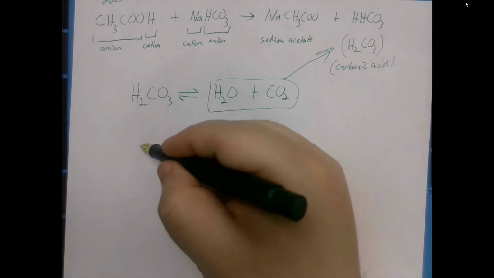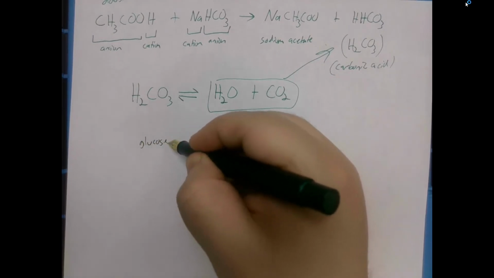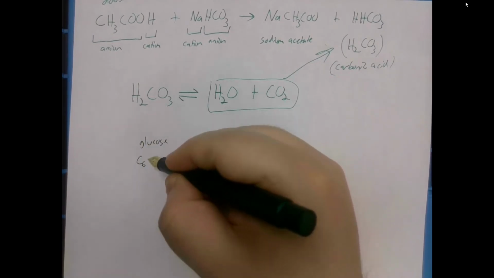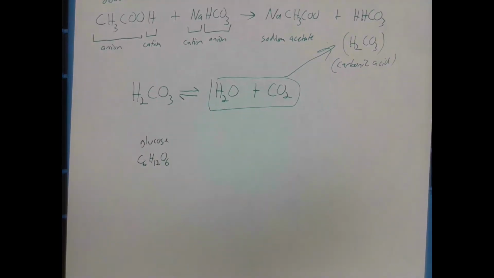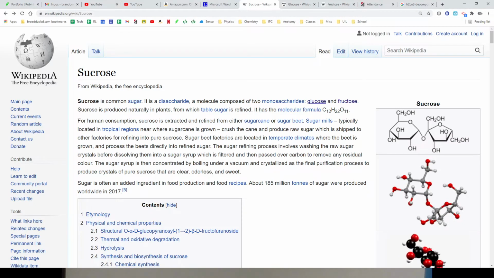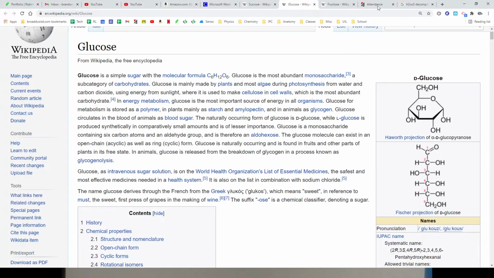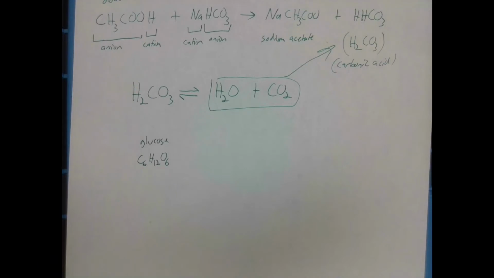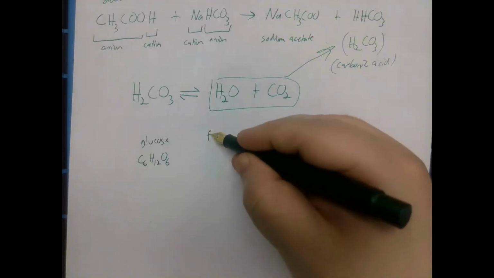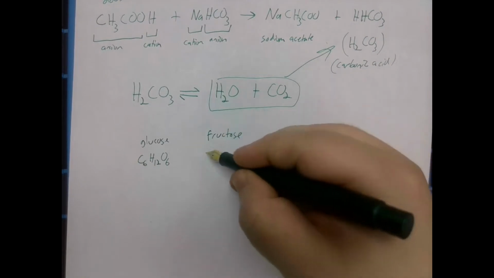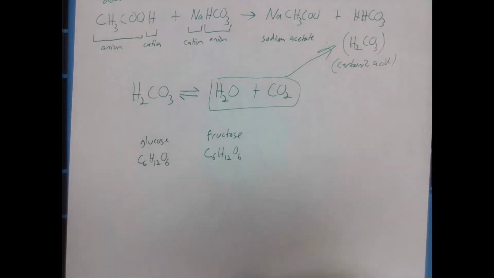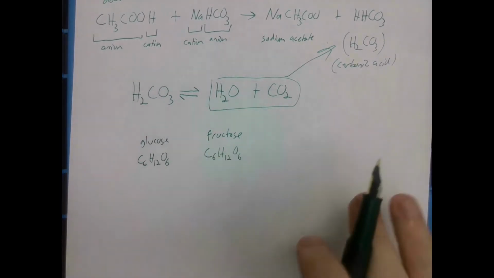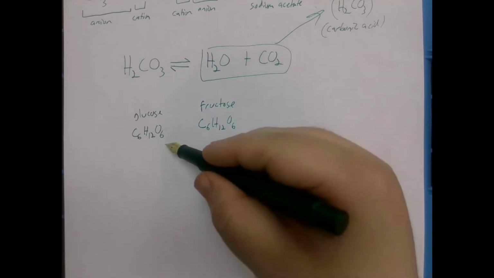So if you take a glucose, which is C6H12O6, and you take a fructose, which is also C6H12O6, and you combine them together so that they share one oxygen.